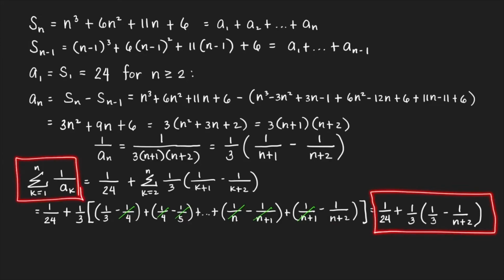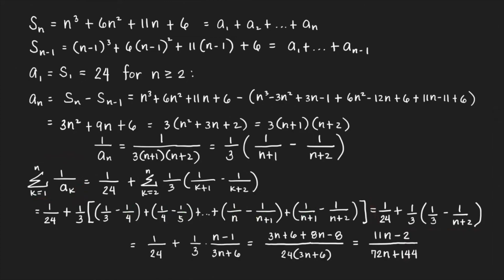And we can simplify this and combine it into a single fraction. Performing some algebra, we'll get 1 over 24, and then 1/3 minus 1 over n plus 2, which combines to a single fraction, n minus 1 over 3n plus 6.